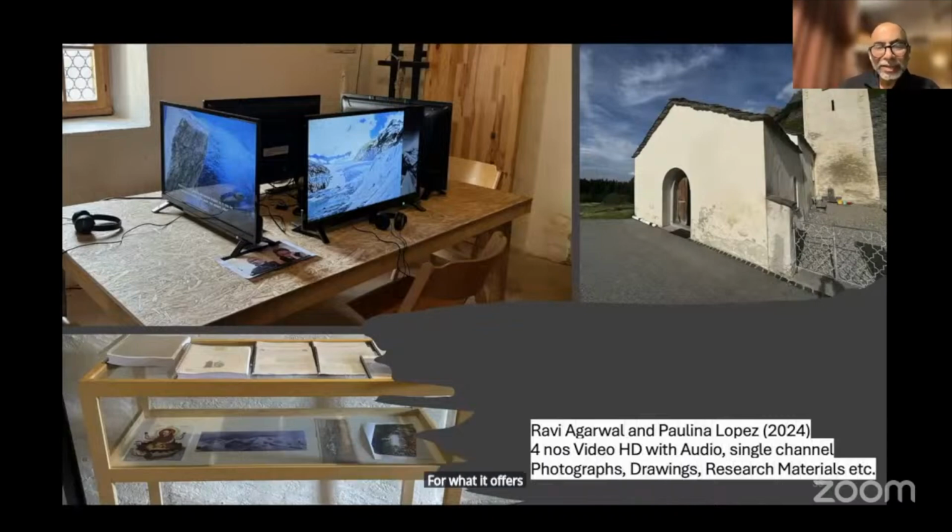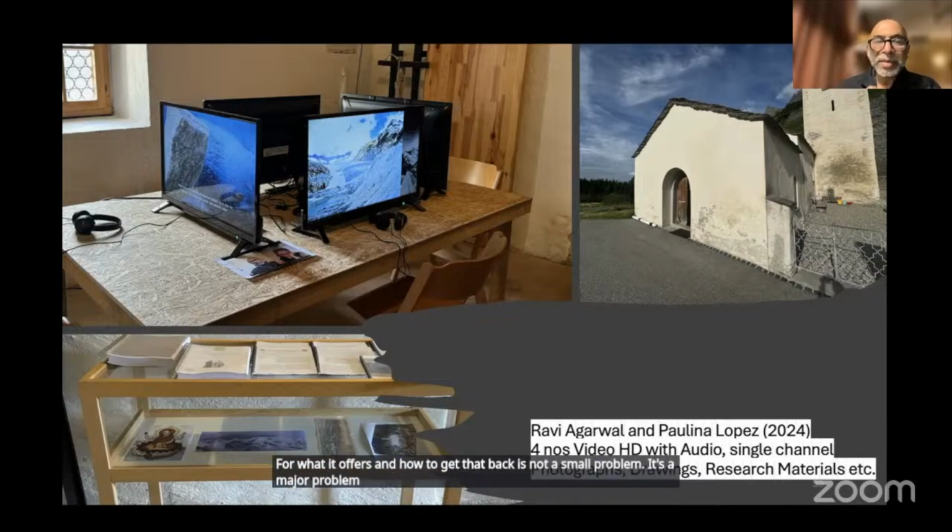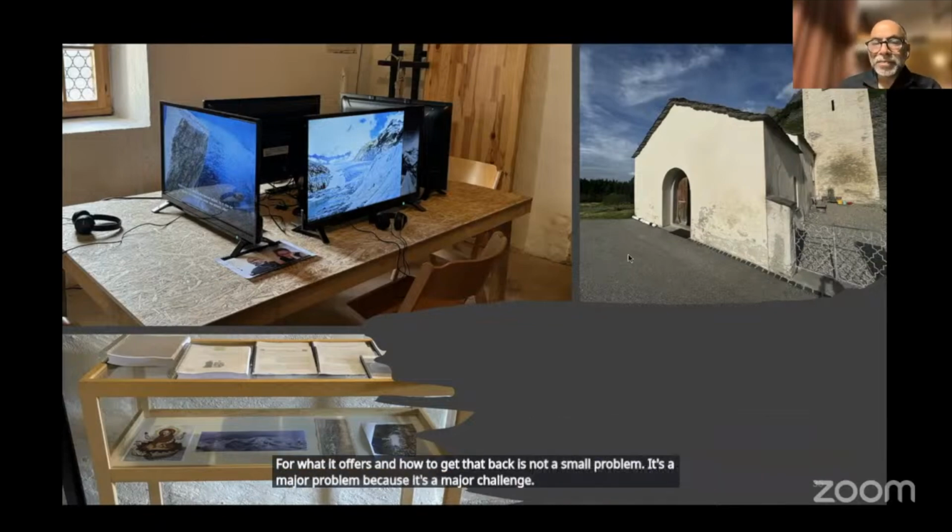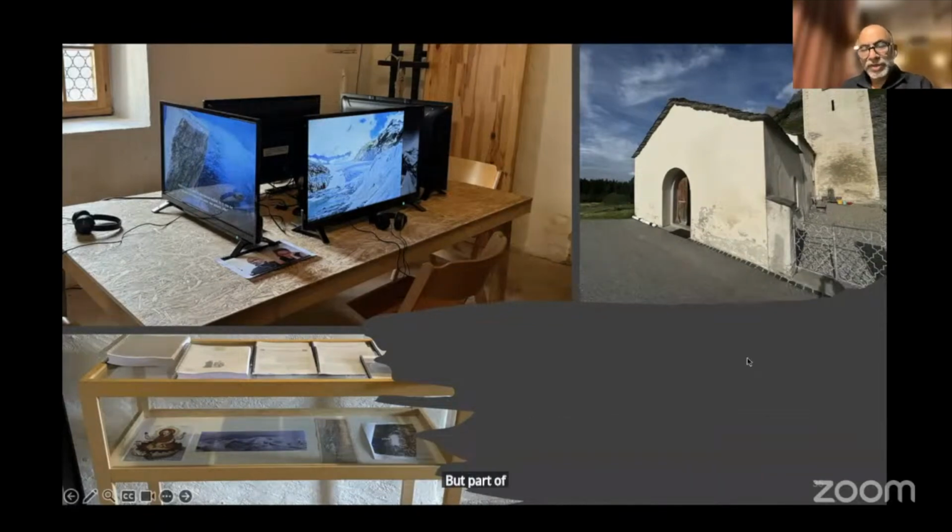How to get that back is not a small problem, it's a major challenge. But part of this collaboration is also to think of how to get over this challenge.